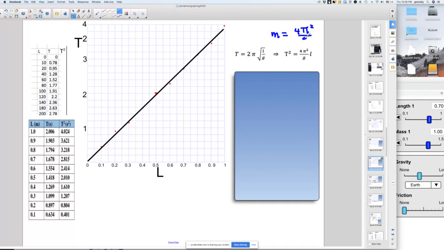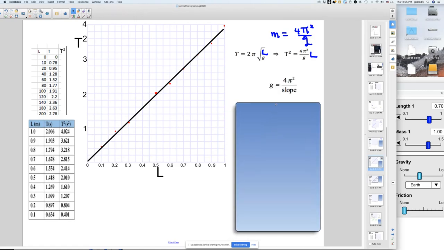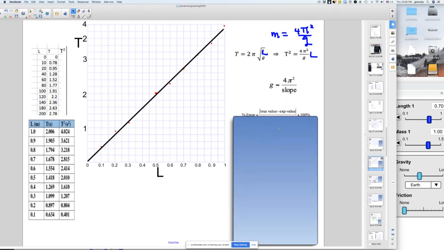It's going to be the number here in front of L. So we have to calculate the slope, set the slope equal to 4 pi squared over g, and then you can solve that equation for g, because we know what we're supposed to get for g, 9.8. If you solve this, g is going to equal 4 pi squared divided by the slope.